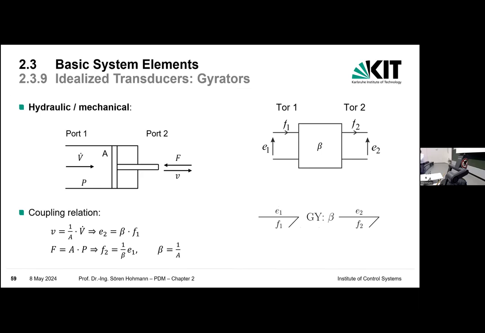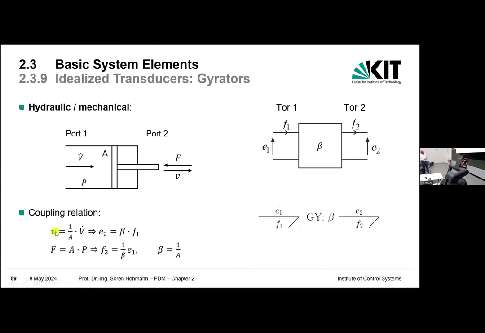What happens if it's idealized, with no dissipative elements, massless, everything we would like to have? Of course, the velocity of the movement of the piston must be equal to the velocity of the hydraulic current.